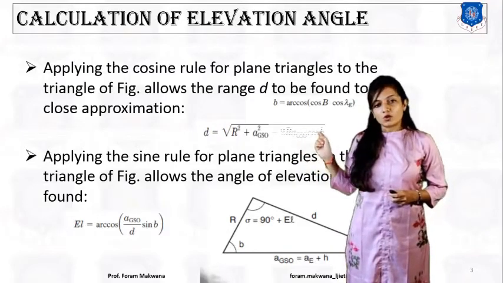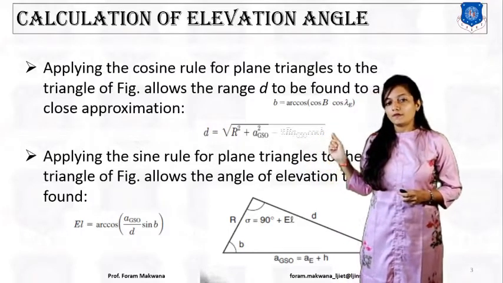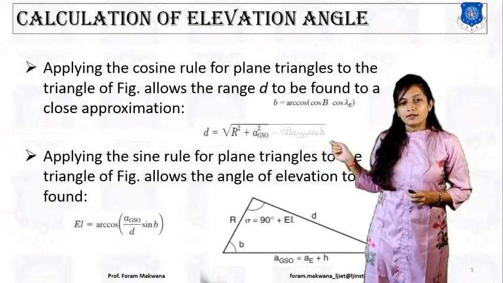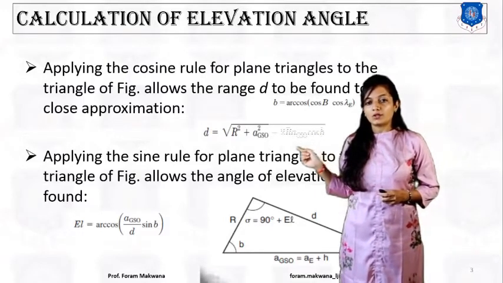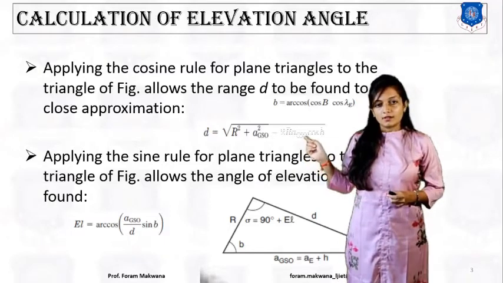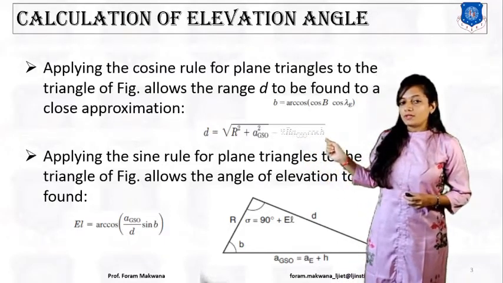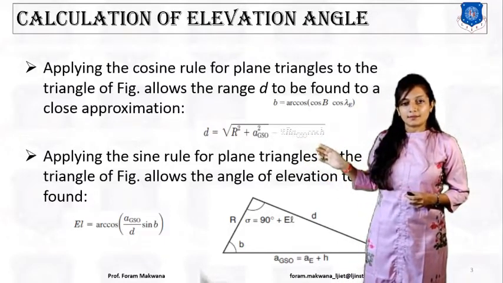So what is that b? How do we calculate the value of small b? The value of small b will be already given in the example.